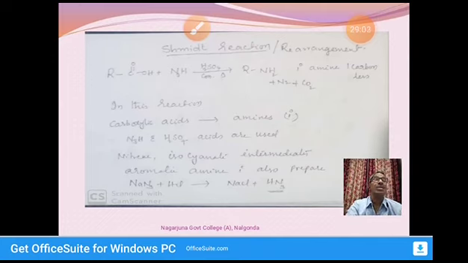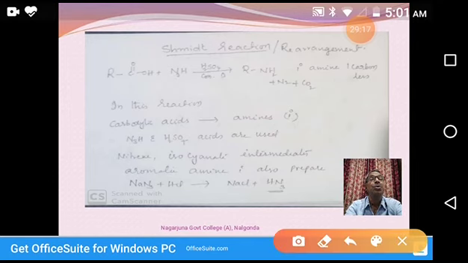What is happening in this reaction? In the Schmidt reaction, when acids, especially carboxylic acids, react with hydrazoic acid, N3H, this is very specific.